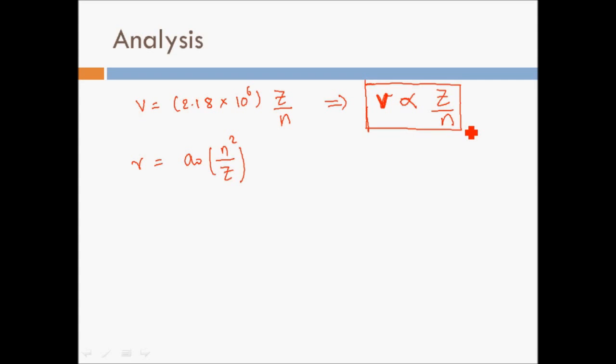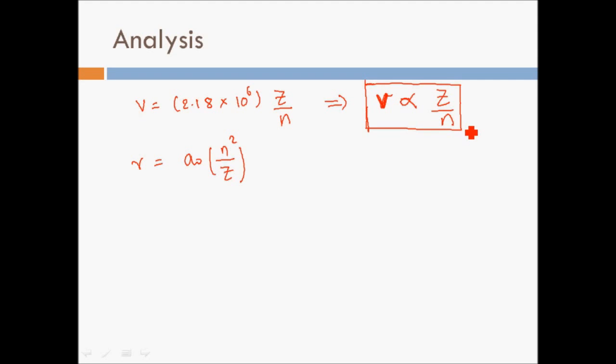If in magnitude terms it has less energy, it will have less velocity. Basically kinetic energy is half mv square. So that is one way of understanding why velocity is inversely proportional to the orbit number: the farther away I go from the nucleus, the lower will be the velocity of the electron revolving.